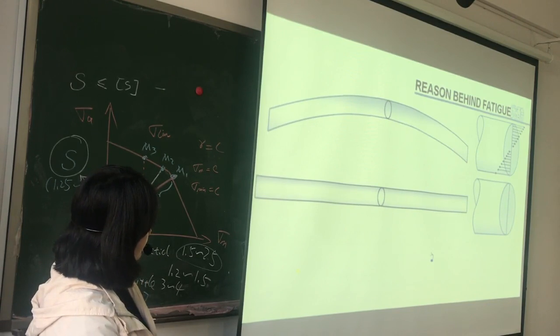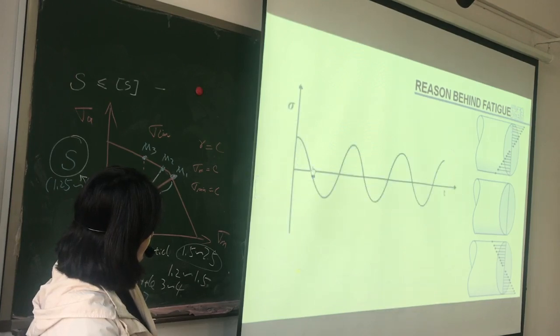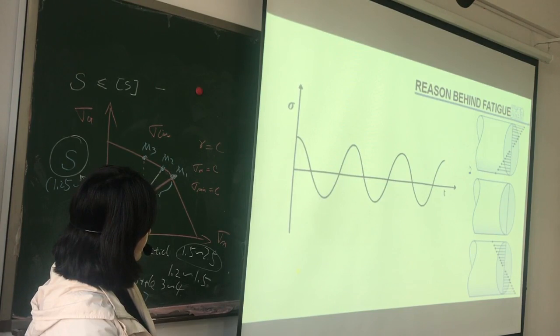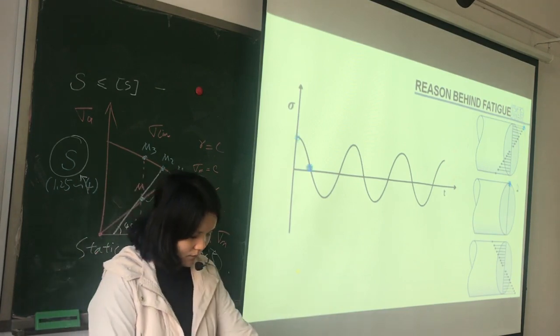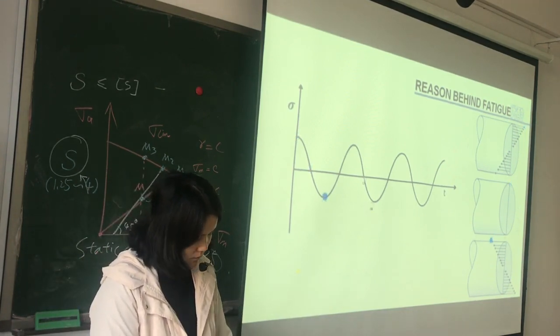When the wire is bending upwards, there will be compression at top and tension at bottom. So if you trace the stress induced at a point with respect to time, it will vary like this, as a fluctuating stress with time. Initially the point will have positive stress. After that zero, then negative stress. The same cycle repeats again and again.